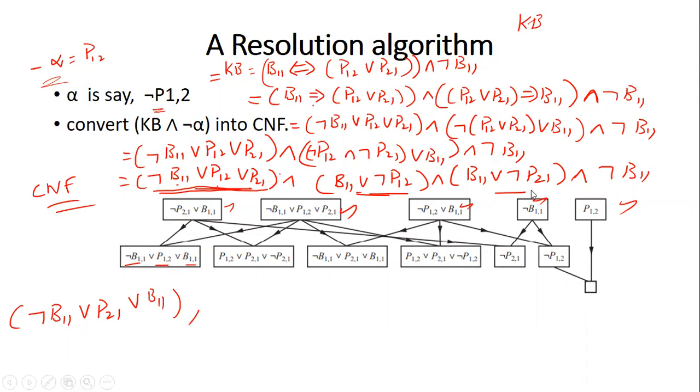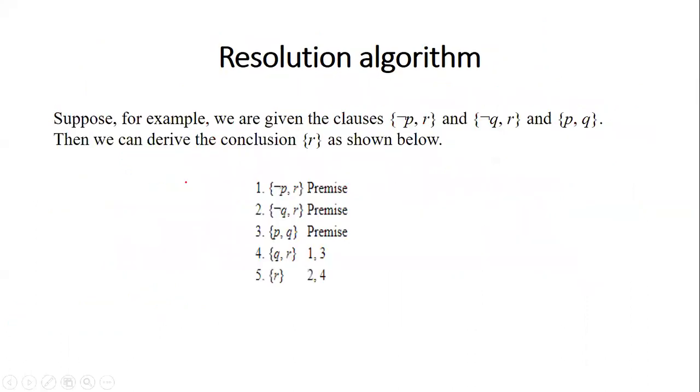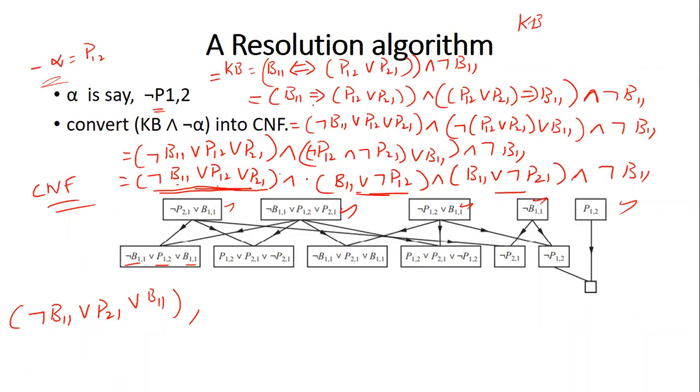Here you have B11, here you have not B11. So this not B11 and B11 will be cancelled. So you'll have P12 and P21. P21 is repeated, so you'll have basically P12 or P21. P12 or P21 or not P21.